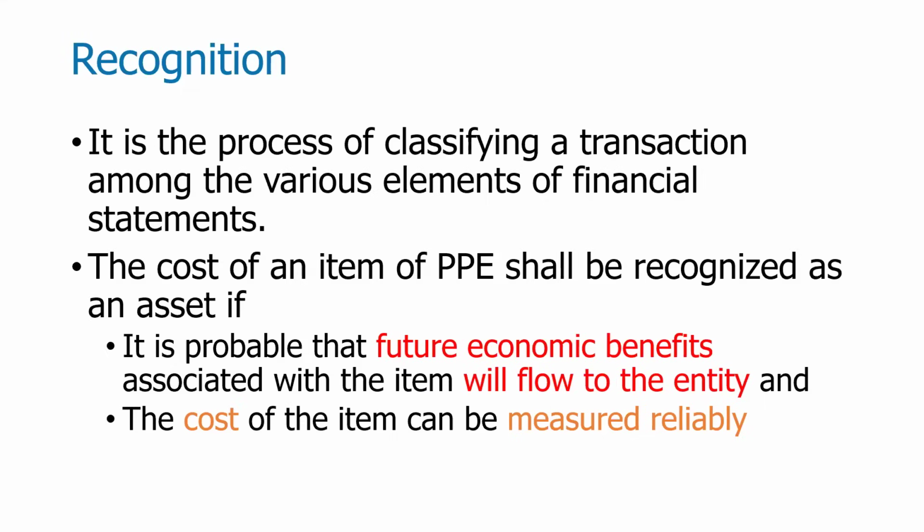Again, they should bear all risks associated with the use of the asset, like repairs and all those things. Also, they should have control over the use of the asset. So if we say future economic benefits associated with the item will flow to the entity, then these three conditions must be met.